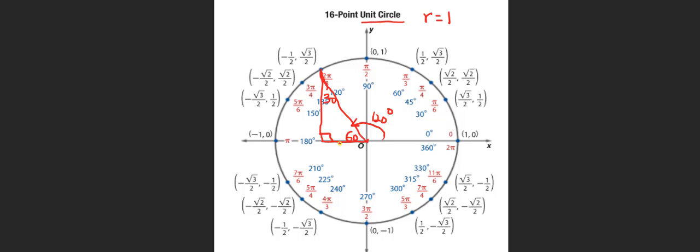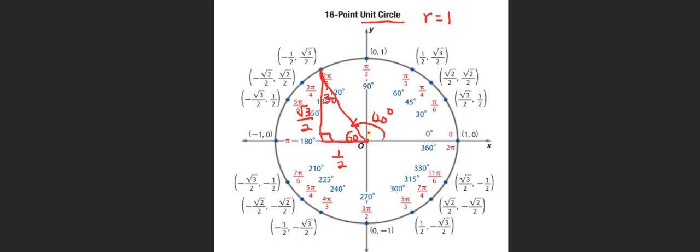What's opposite of 30 is 1/2. What's opposite of 60? Radical 3 over 2. And of course, the hypotenuse will be 1 because this is a unit circle. That's why this point right here will be, now notice, this is in the second quadrant, negative 1 over 2 and radical 3 over 2.